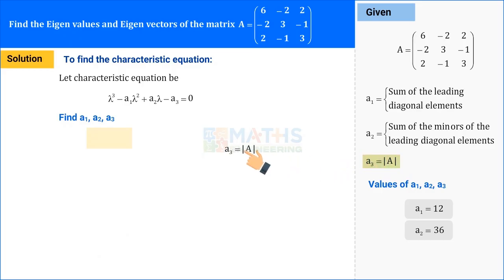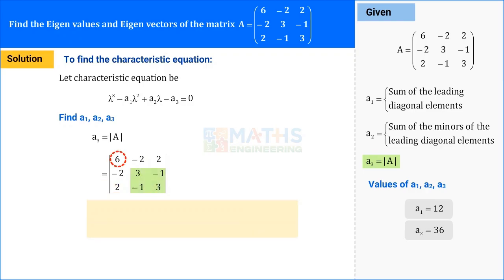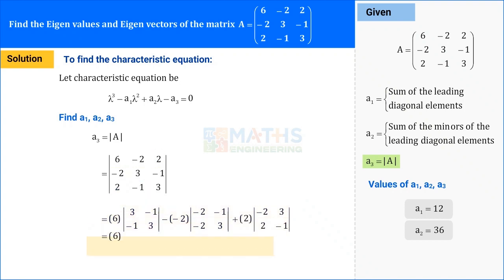Now we find A3. A3 is nothing but the determinant of the given matrix A. For this, we consider the first row elements. First row elements are multiplied with their cofactors: 6 into its cofactor minus 2 into its cofactor plus 2 into its cofactor.